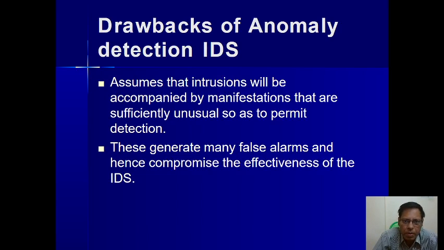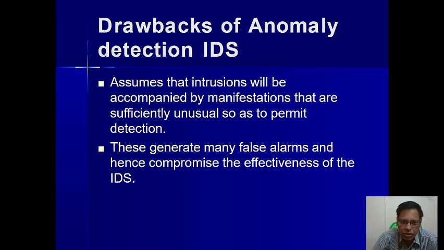Now, the drawbacks of anomaly detection. It assumes that intrusions will be accompanied by manifestations that are sufficiently unusual so as to permit detection. It cannot distinguish whether a received packet may be harmful to our system.